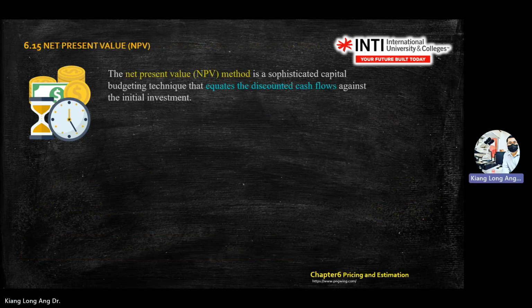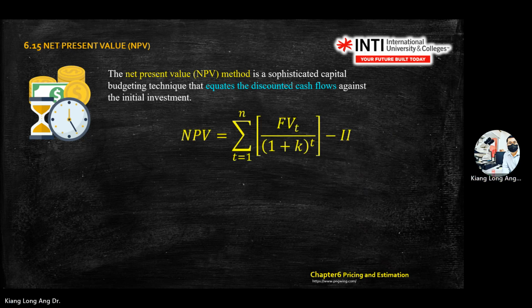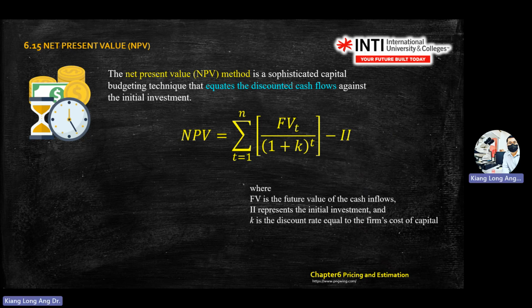Okay. Next one is the net present value method. It's a little bit complicated, but the equation is still very simple. NPV, net present value method, helps you to equal the discounted cash flow against the initial investment. It looks complex, but not very lah.